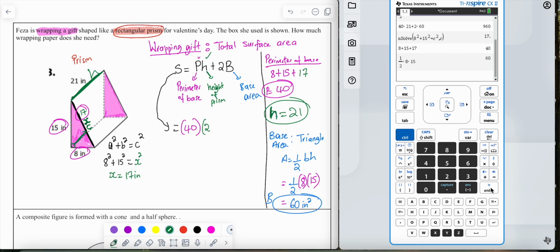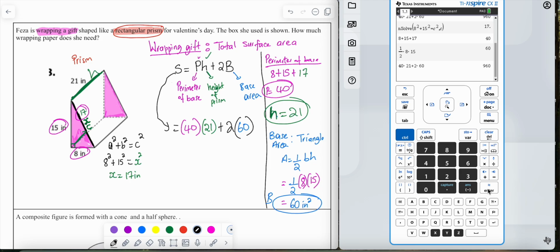The height is 21, plus 2 times the area of the base, which is 60. You put all that in your calculator: 40 times open parentheses 21 plus 2 open parentheses 60 close parentheses, enter.